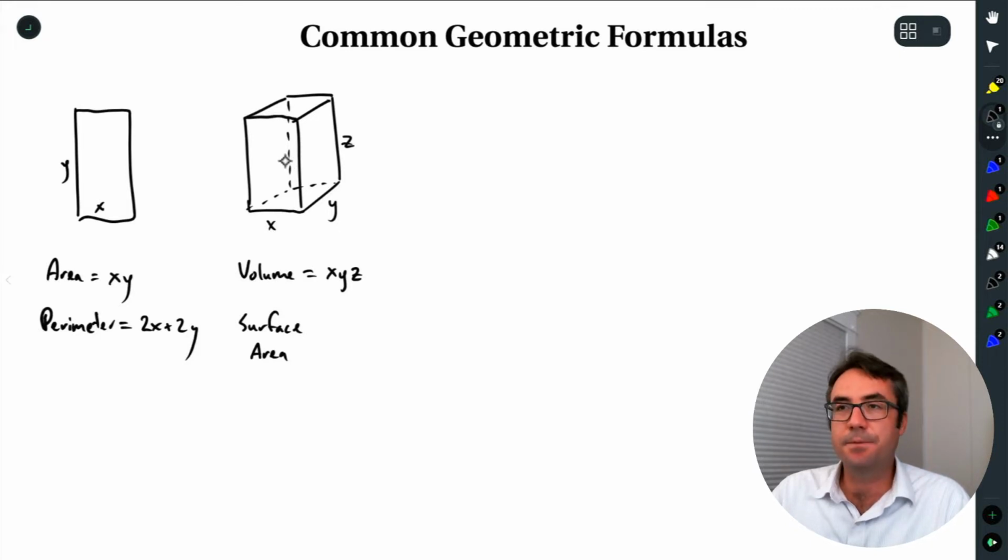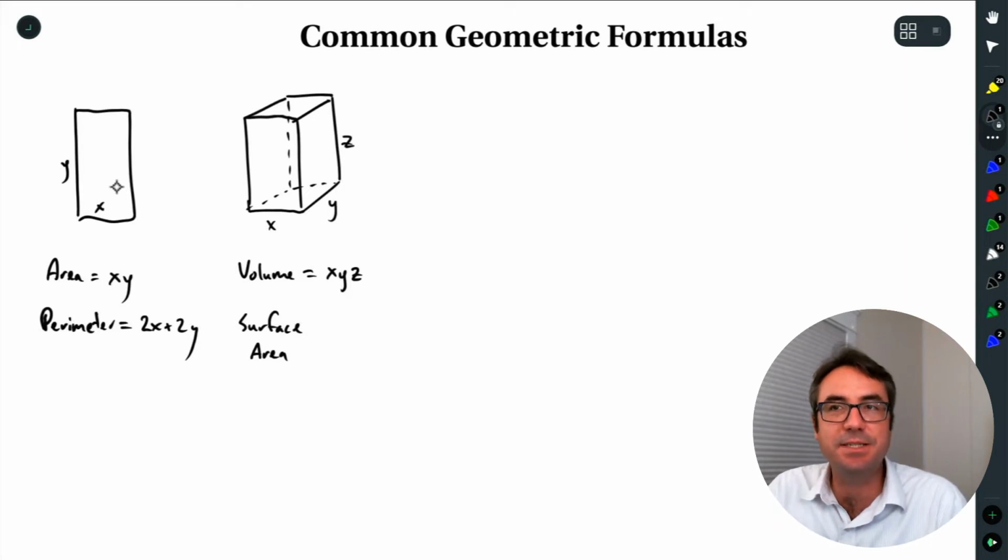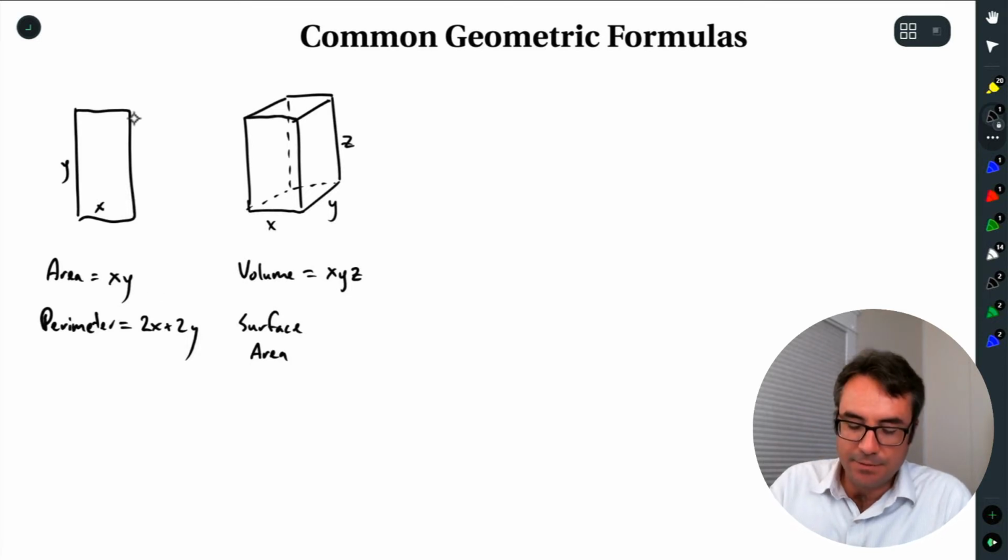You might be interested in the surface area. For a 2-dimensional object, area calculates how much space is inside the rectangle, and that's what volume is doing for higher dimensions. It's calculating the amount of space inside. Perimeter gives you a measure of the sides, adding up the lengths of all 4 sides.